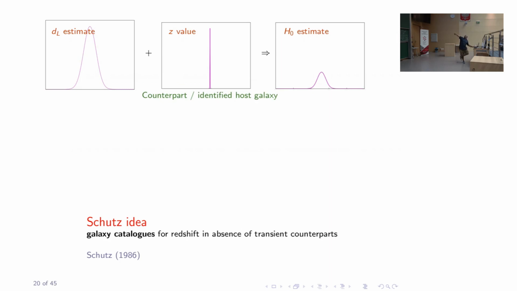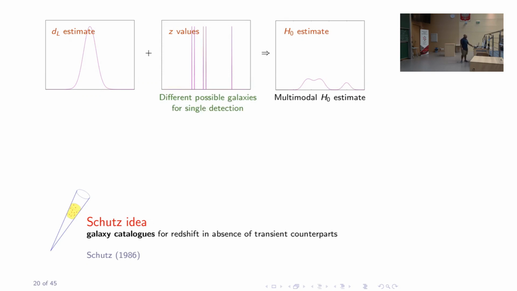If one takes this distance estimate and this value of the redshift, convolves them together, one obtains an estimate on the Hubble constant, a very nice unimodal estimate, as we saw for GW170817. Okay? However, I just said that one is often not able to identify the host galaxy because there is no counterpart, so there is no unique host galaxy.